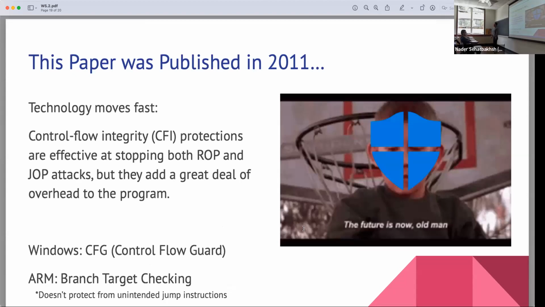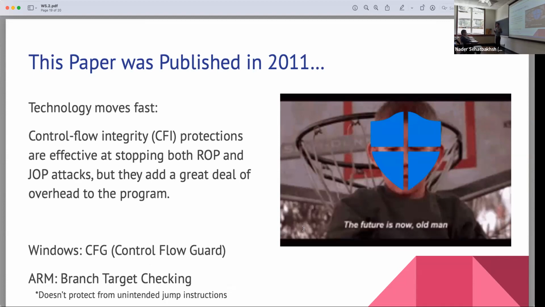This paper was published in 2011, so that's dinosaur years in technology, right? There are a couple of new technologies, such as Windows Control Flow Guard, that protect against this using special techniques, much more complicated than I can understand, called control flow integrity.